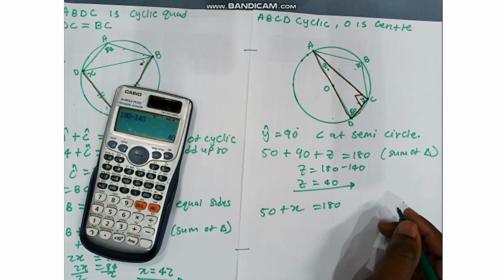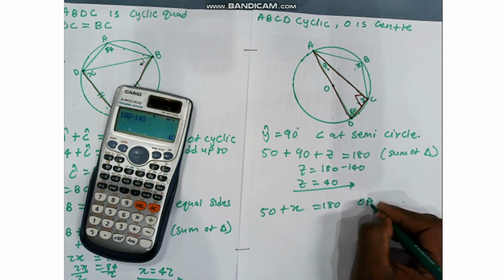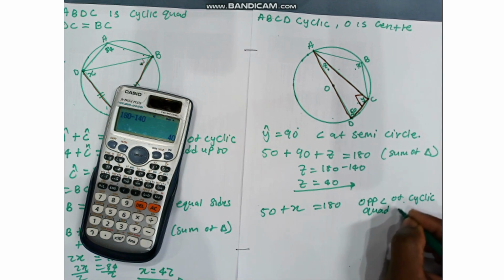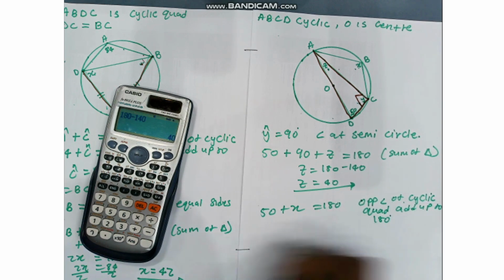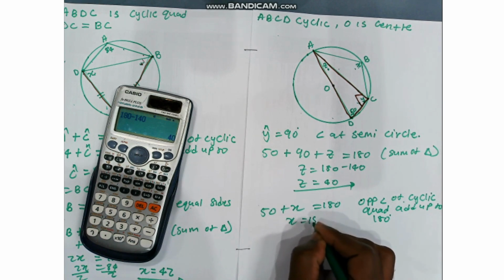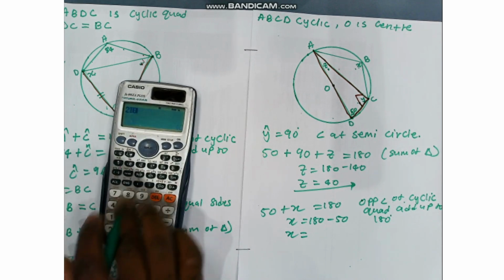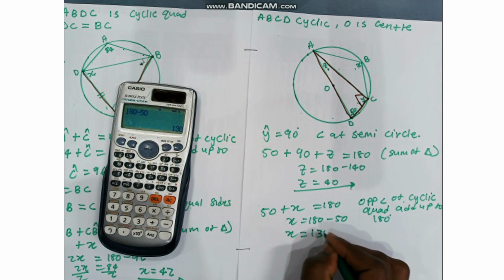So it's important to state the reason of what is equal to 180 degrees. In this one, it's opposite angles of a cyclic quad, they add up to 180, and x is equal to 180 minus 50, which is 130.